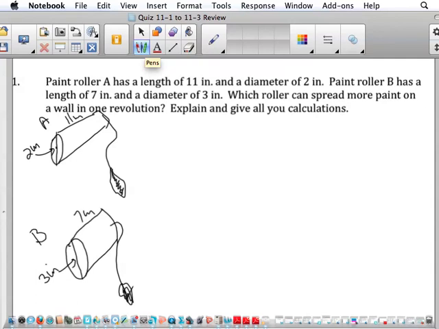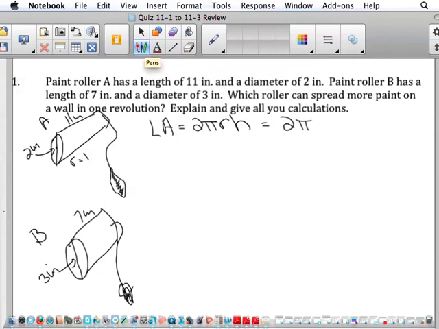And I want to know which roller would spread more paint on the wall in one revolution. One revolution would be if it went around once. So that's actually just the lateral area of the roller. So the lateral area of paint roller A, the radius is equal to 1, is 2 pi r h.